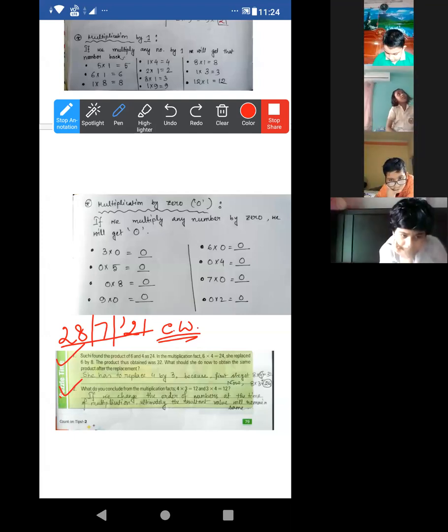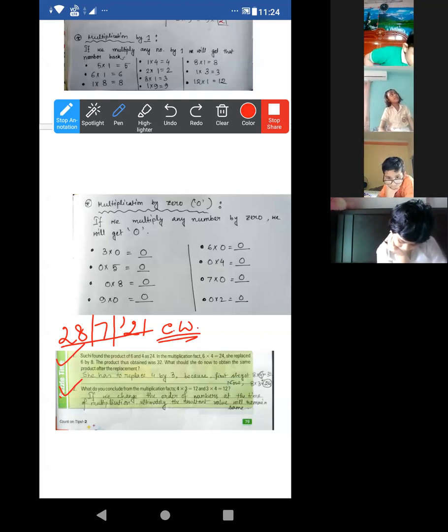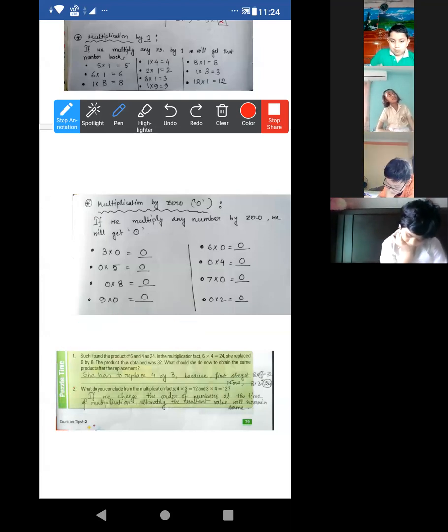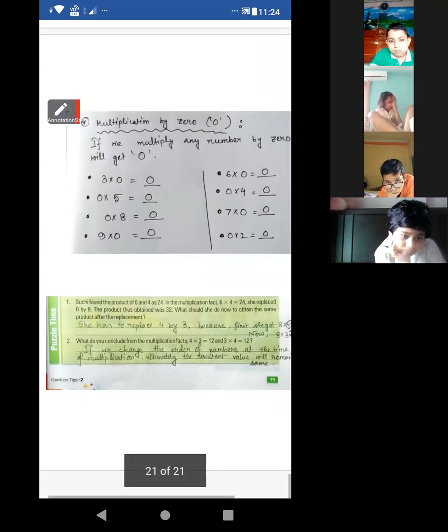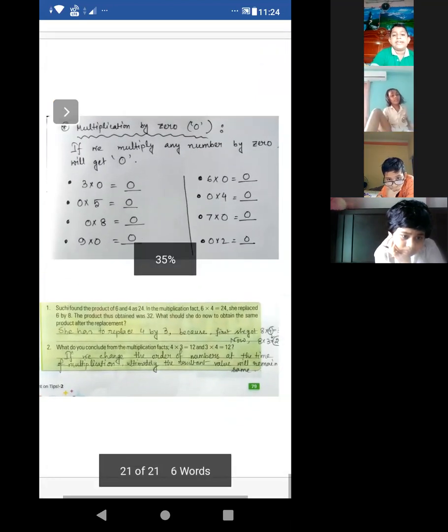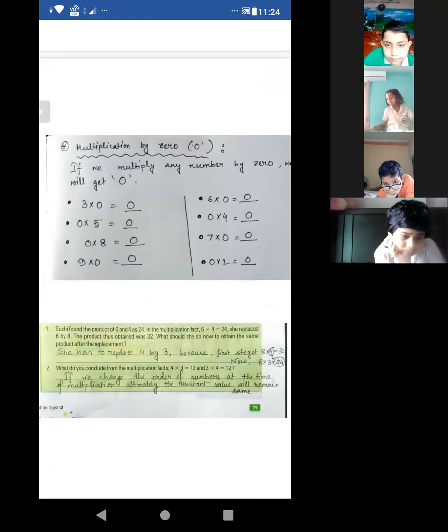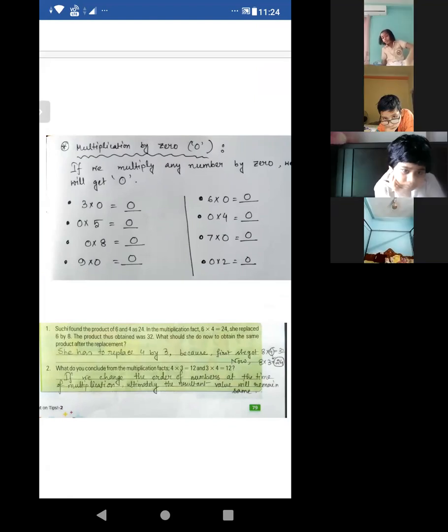The first question is given. Shuchi found the product of 6 and 4 is 24. Look at this, let me zoom in. All of you are able to see it? What is given in the question?